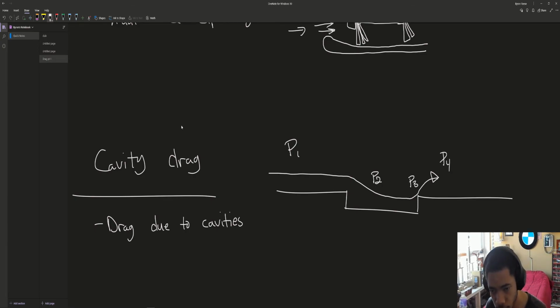And what we find is that pressure 3 is going to be higher than that of pressure 4. And because of that, it's going to create a resultant drag force pushing the body backwards. That's a cavity drag. Additionally, we have P2 going down, going to this region here where there's low pressure. Essentially, you have a small amount of base drag here.